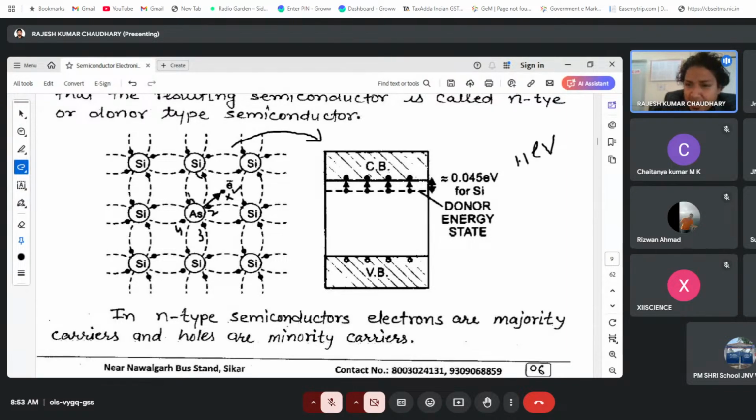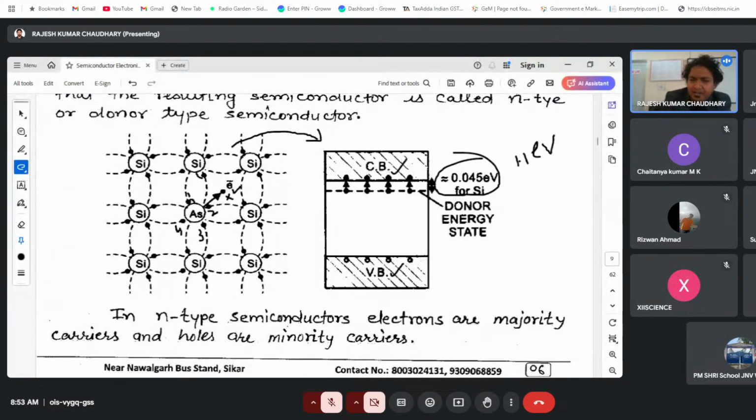Silicon. But now it is reduced to how much? Only 0.045 electron volts. So in that way, electrons can easily jump from the valence band to the conduction band.